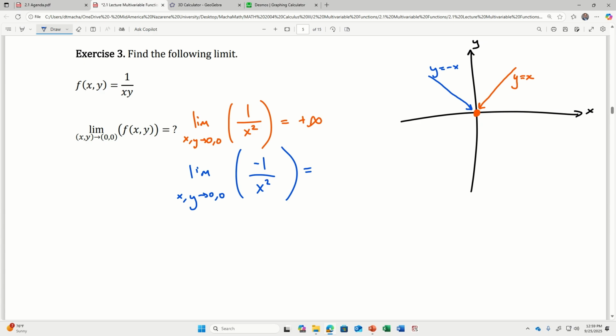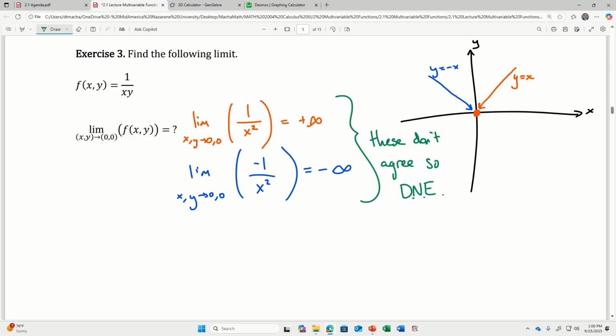And again, the reason is because if I choose to approach this point from the blue direction, y is equal to negative x, so I could exchange this y with a negative x, and I've got 1 divided by x times negative x. That's negative x squared. And this limit is negative infinity. And so because these don't agree, the limit does not exist.